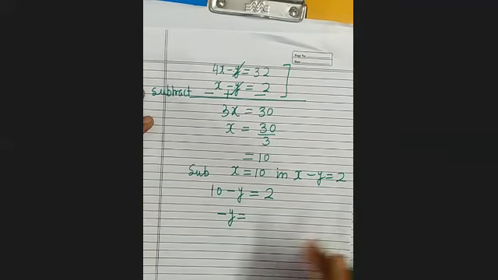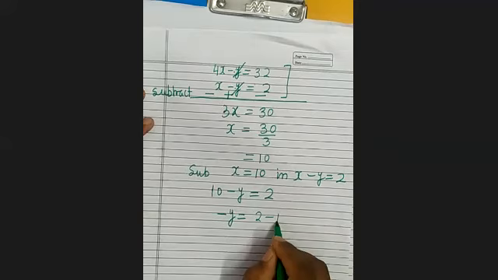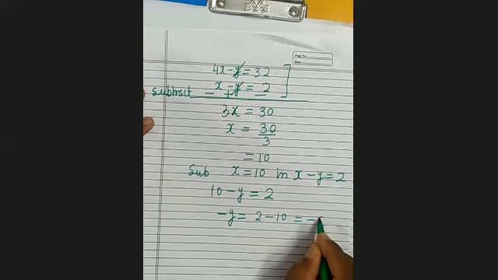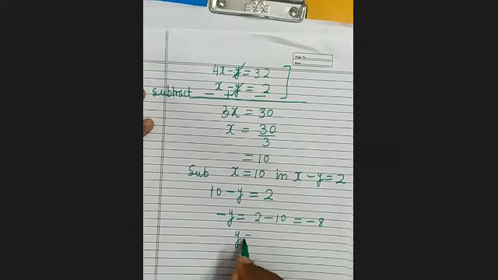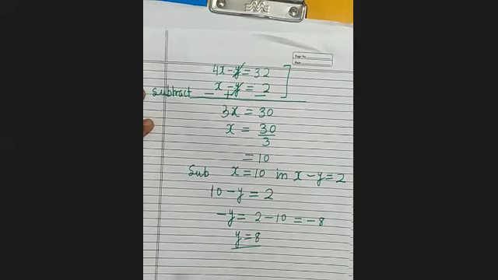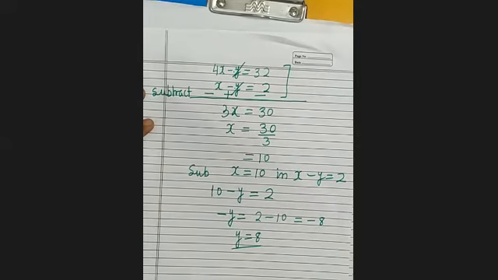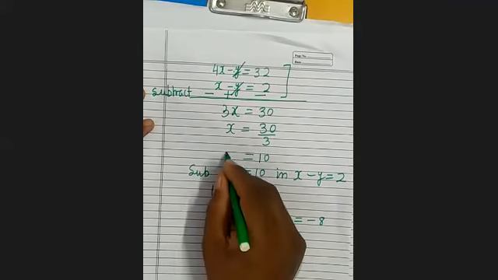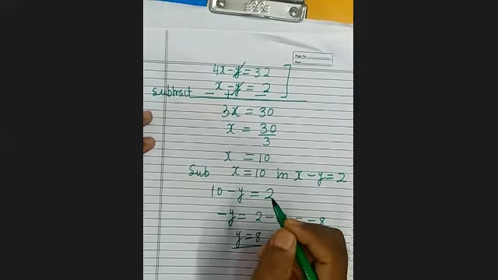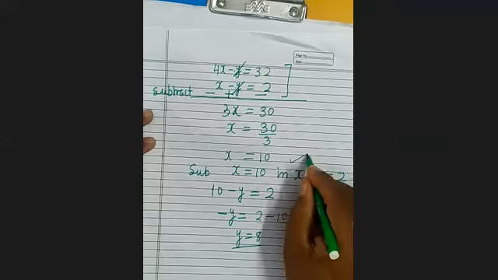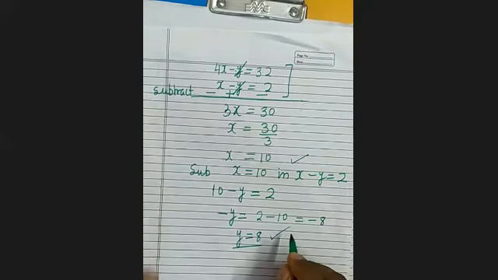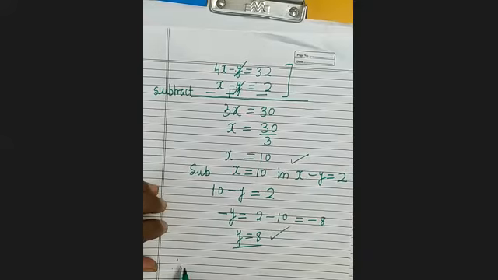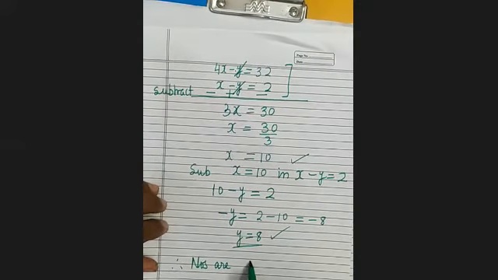So 2 minus 10 equals minus 8. So y equals 8. X equals 10 and y equals 8. So you will write, therefore numbers are 10 and 8.